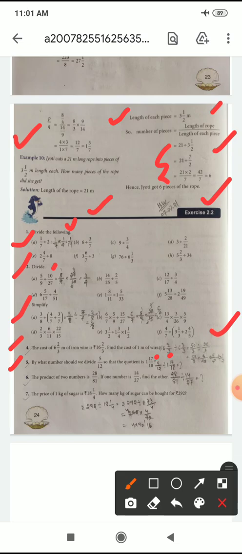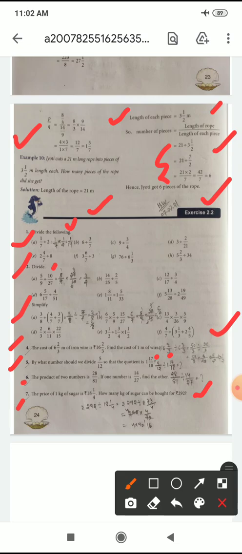You divide yourself. Number 6, you see, the product of two numbers is 28 by 81. If one number is 14 by 27, find the other. Here also you divide and find the answer. Number 7, the price of 1 kg of sugar is 18 whole 1 by 4 rupees.